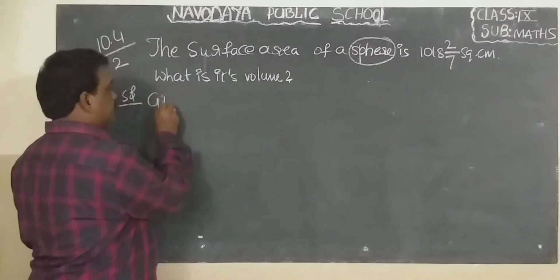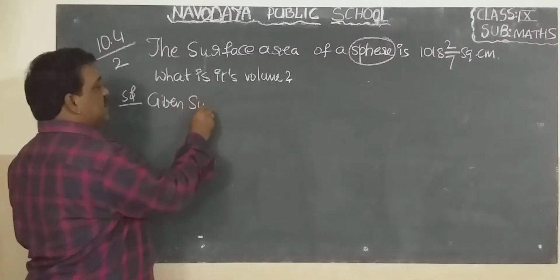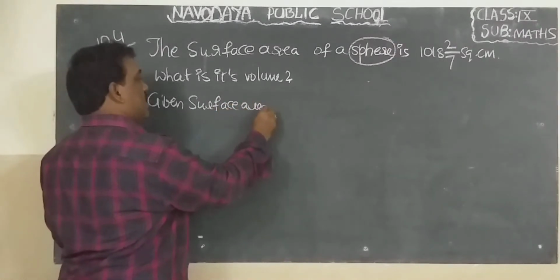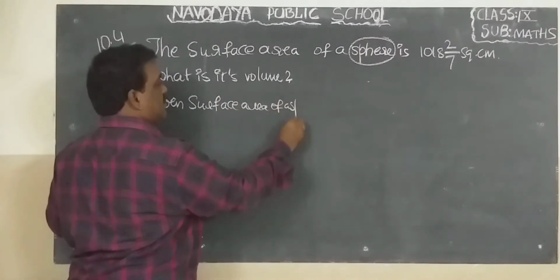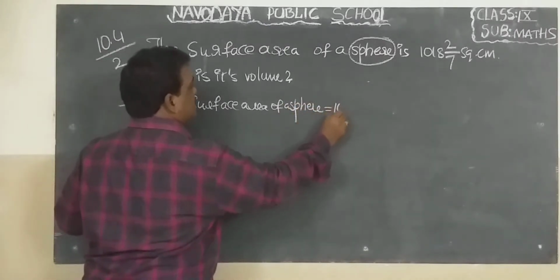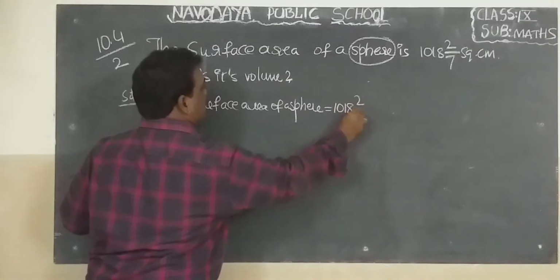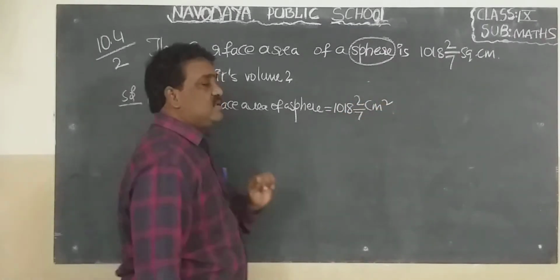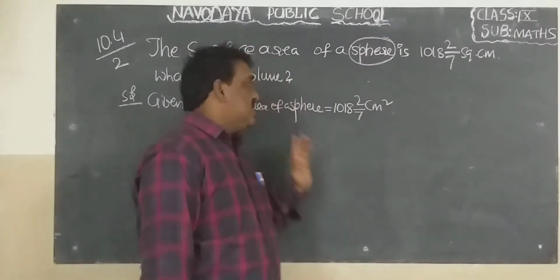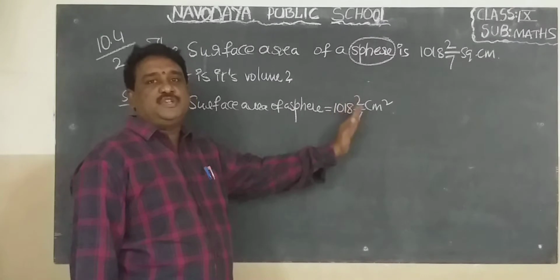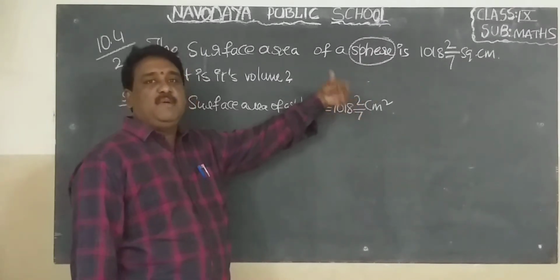Given: surface area of a sphere equal to 1018 2 by 7 centimeter square.